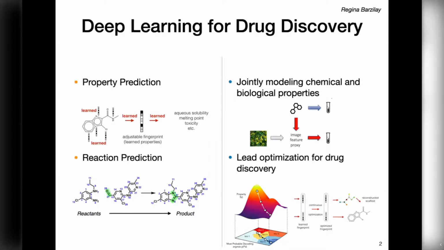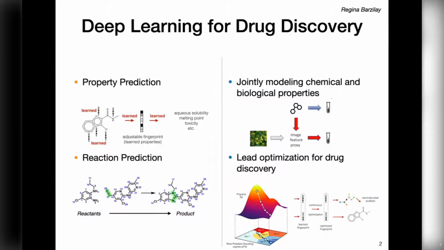So this is a capacity to take a molecule and in silico predict different properties depending on your training set. It can be some physical chemical property like solubility, or it can be some activity on the target or toxicity. The second big area in molecular space is predicting reaction and finding the most effective way to generate molecules of interest.